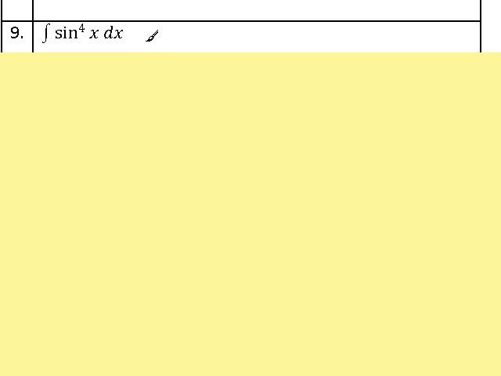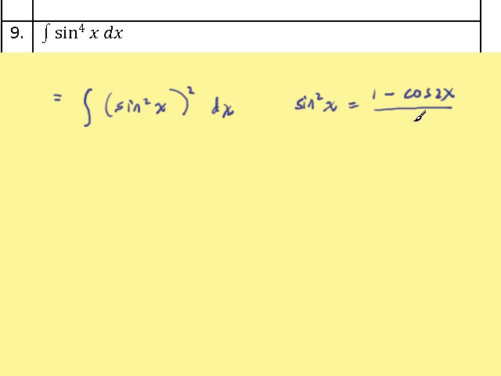Okay, now let's integrate sine to the 4th. First of all, we write this as sine squared x, squared, and we use this identity: sine squared x is equal to 1 minus cos 2x over 2.